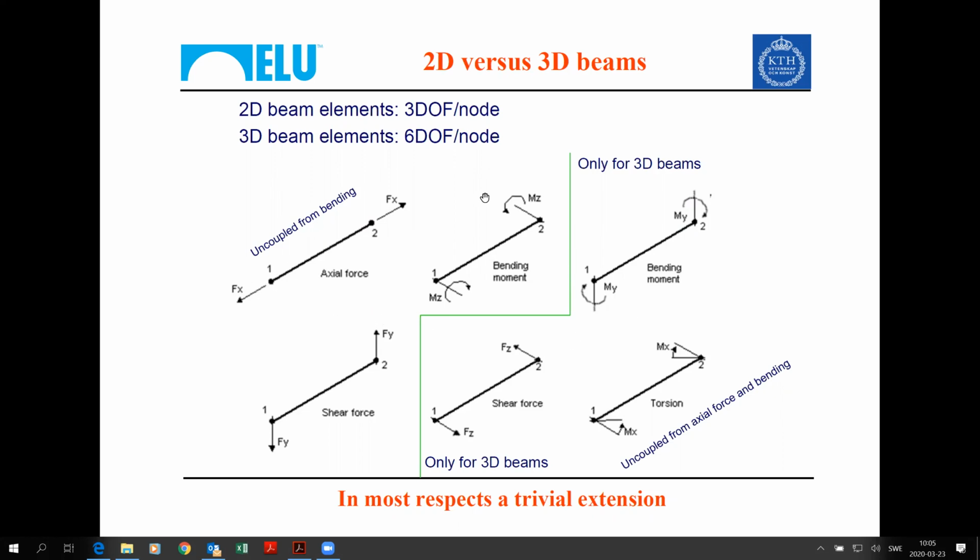If we have 3D beam elements, the extension is rather trivial. We simply add bending effects in another plane. So at node 1, we will have an extra displacement and an extra rotation. And then we will also have torsional effects, so rotations around the beam axis at 1 and 2.